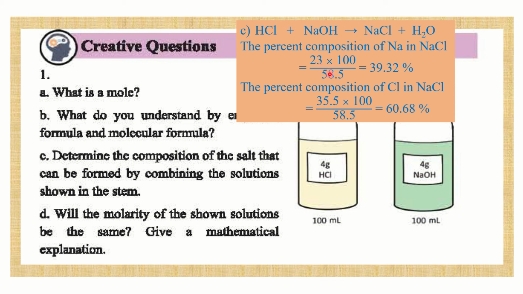So 23 divided by 58.5 into 100 comes 39.62%. And the percent composition of chlorine in sodium chloride is, chlorine is also one atom, and the atomic mass of chlorine is 35.5. So 35.5 will be divided by the molecular mass of the compound 58.5 into 100.